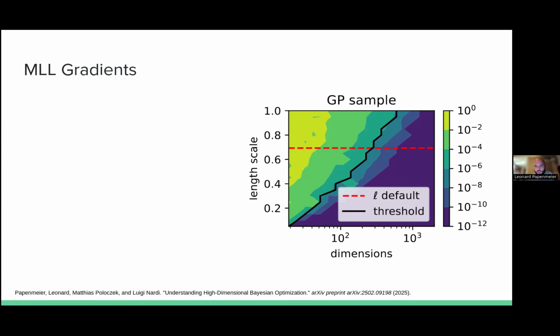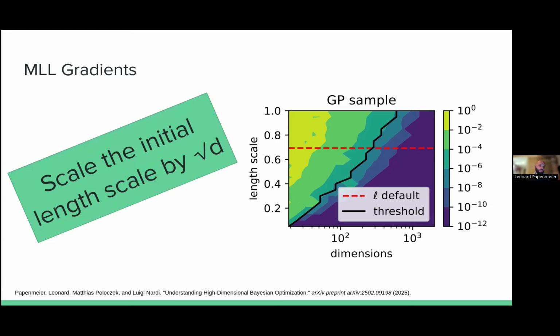The SVM has 388, the Lasso-Hard even has 1,000 dimensions. So this vanishing gradient problem is an issue on the recent benchmarks. However, it can be solved just by scaling the initial length scale by the square root of d, because that accounts for the increasing distance in higher-dimensional spaces. So our first suggestion to make high-dimensional BO work is to change the length scale initialization.